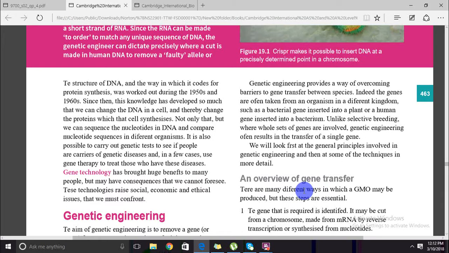You aren't introducing new things into the gene pool. If you have a vast gene pool, you're selecting for which components of the gene pool you want in your organisms, right? Whereas in genetic engineering, you're capable of introducing a completely new allele or a completely new gene from some other species. So there is a lot of difference there.